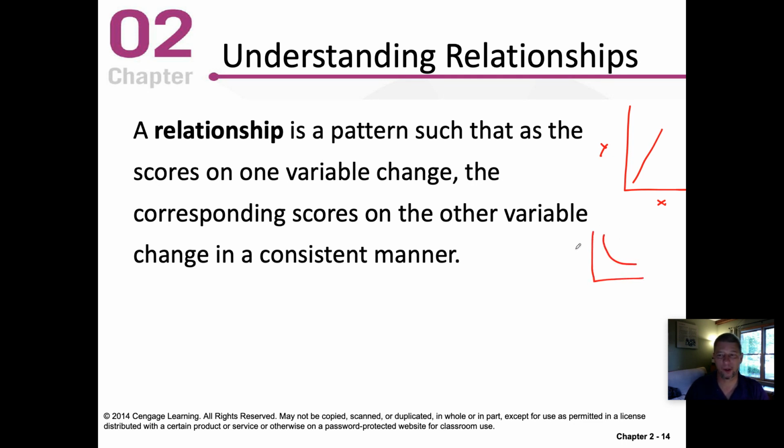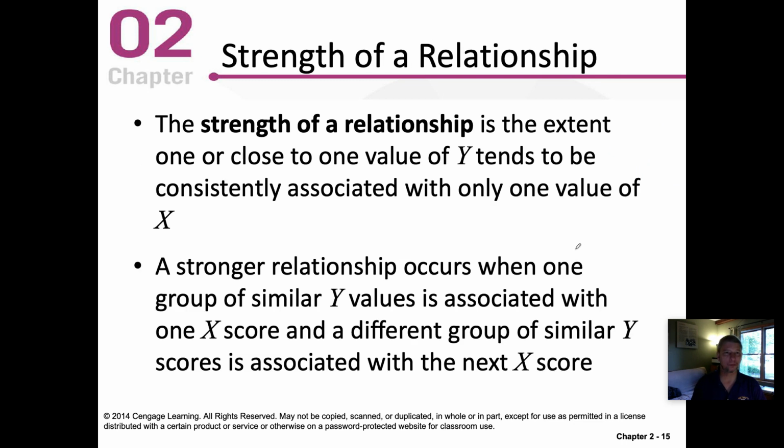It could be a curve. It could have a negative slope. It doesn't really matter what the relationship is, but it's a predictable pattern. You can see the change in one variable as the other variable changes on a regular, consistent basis. Now, the point of statistics is to measure how strong the relationship actually is.